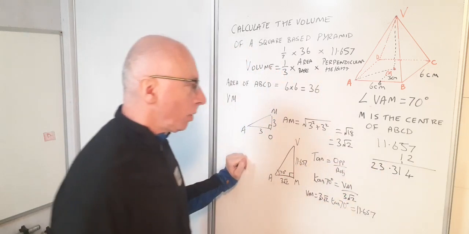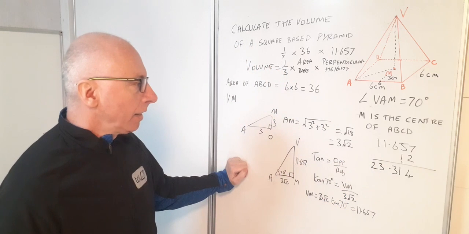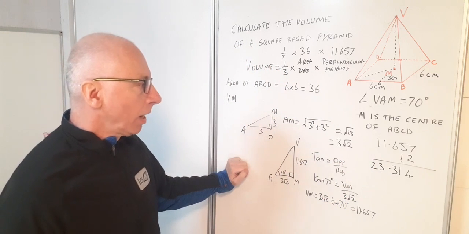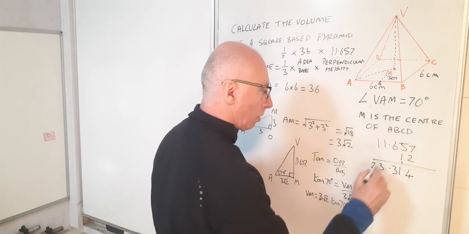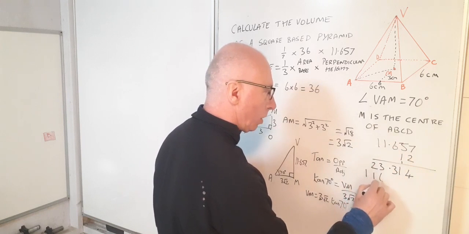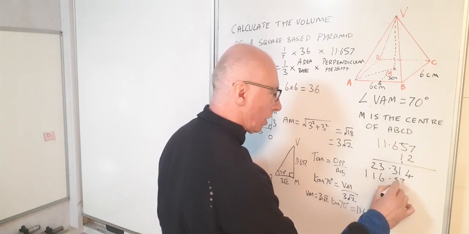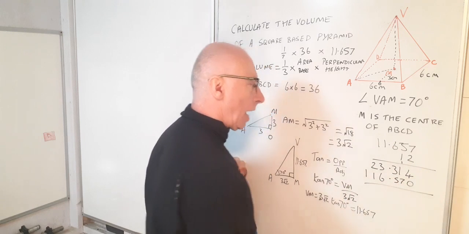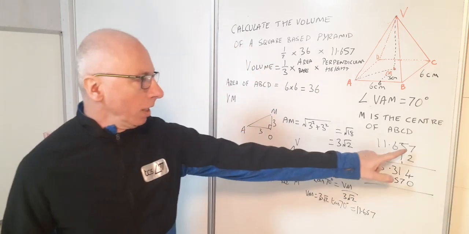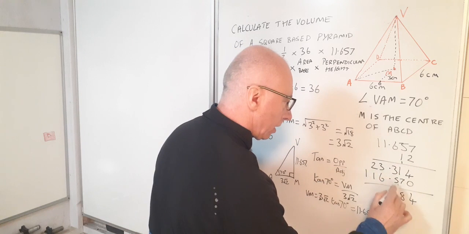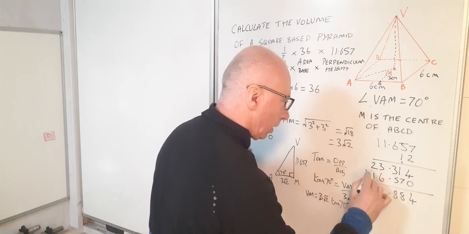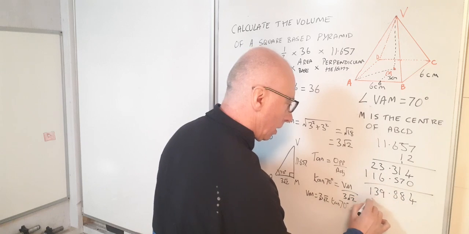So that's 23.314. And then we're going to times by 10. So basically just bring it all across, move the decimal place 1. So 116.570. Add that up. 4 and 0 is 4. 7 and 1 is 8. That's an 8. 23 plus 116 is 139.